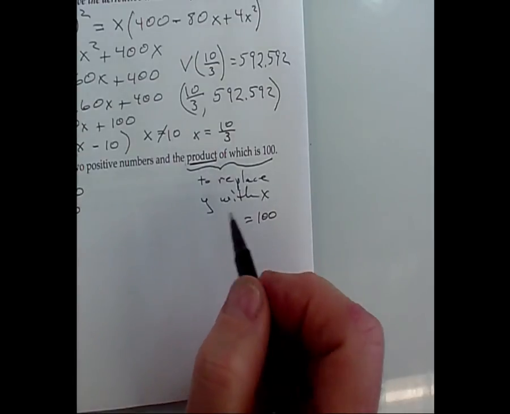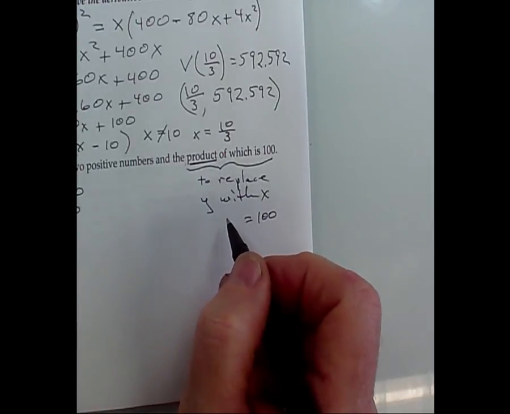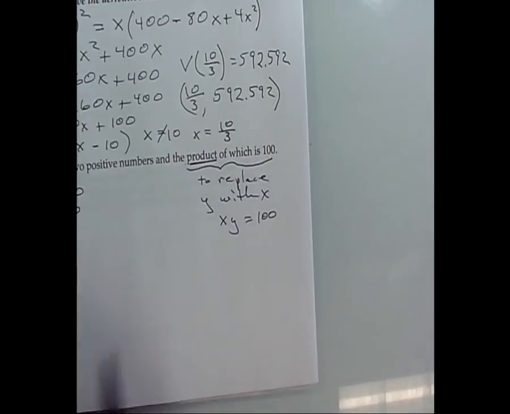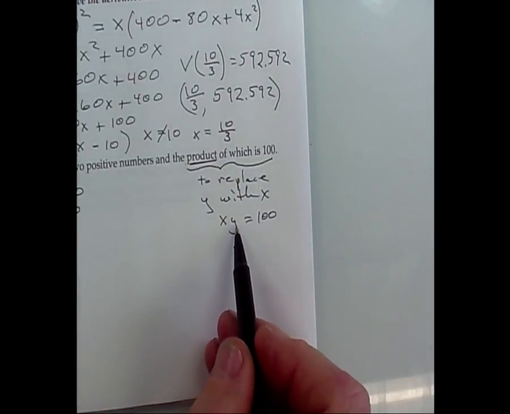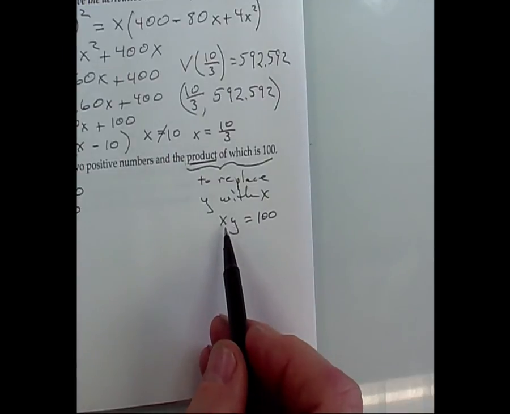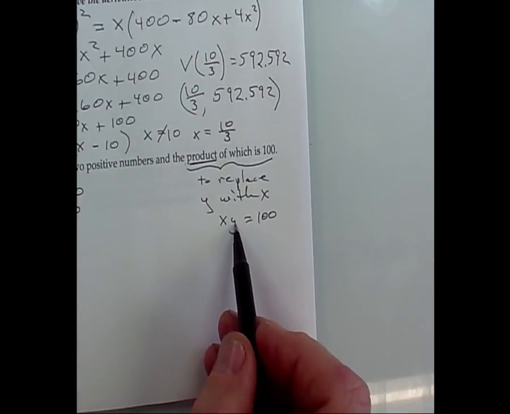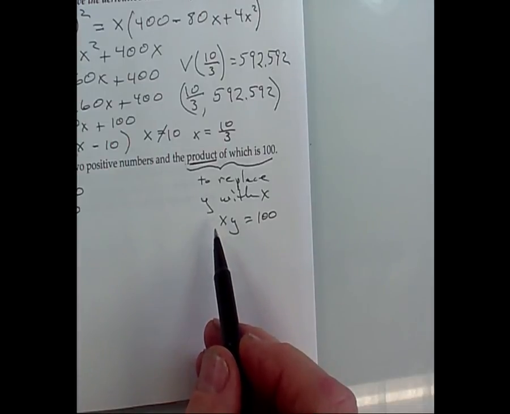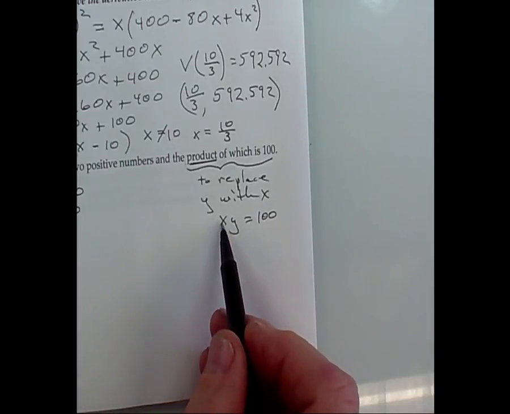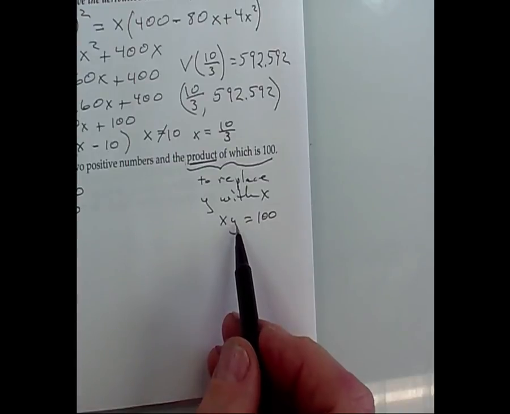So what would I write here? X times y. Okay? Right? So it could be 5 times 20. Correct? It could be 10 times 10. It could be 4 times 25. It could be 1/10 times 1,000. Correct?